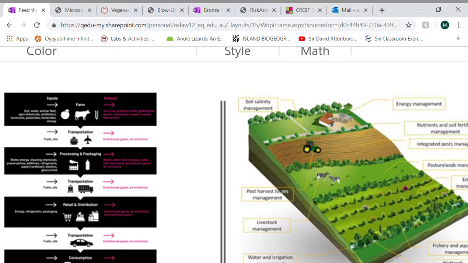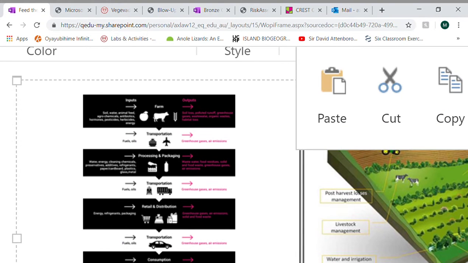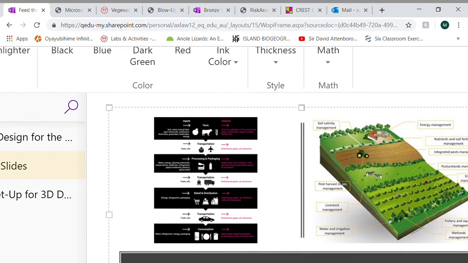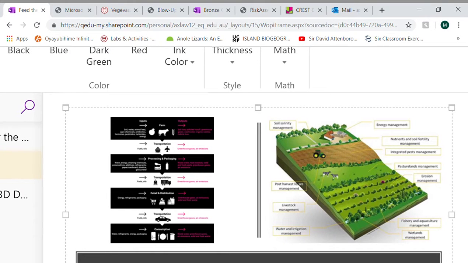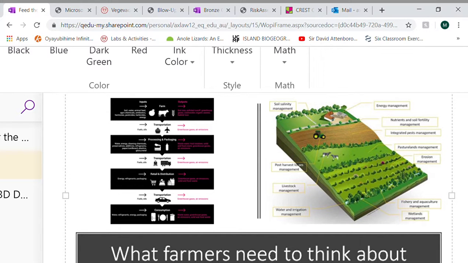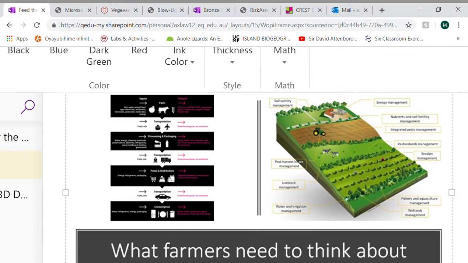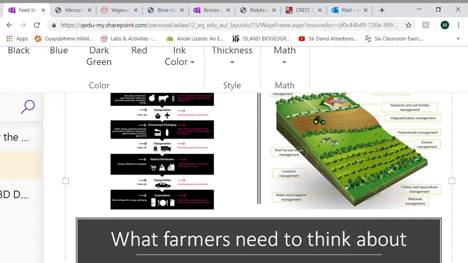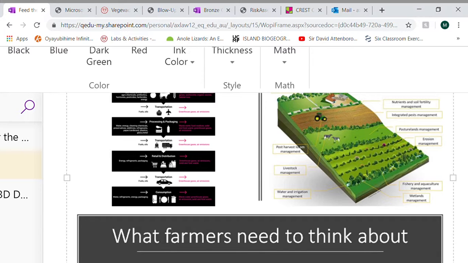And you'll see here that they've got to think about soil salinity management, energy management, nutrient and soil fertility management, pest management, which Mr. Ang was talking about, using parasitoids to manage pests, pasture land management, livestock management, erosion management, very important for our waterways, water and irrigation management, fishery and aquaculture management, and wetlands management.